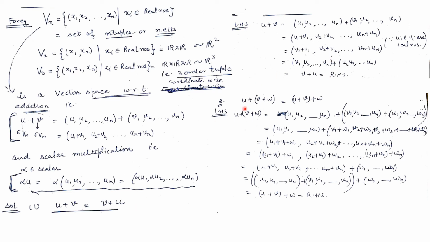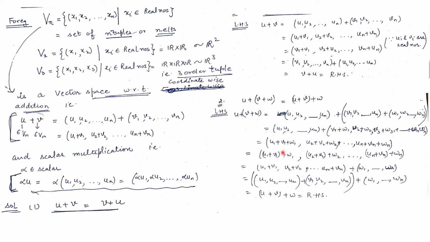Similarly, we can show the associative property, that u plus v plus w is u plus v plus w. Again, we consider the left hand side. We have to add first v plus w. We add the coordinates, and then we have to add u1, u2 and so on. Now all these are real numbers. In case of real numbers, first you add these two numbers and then you add this one, and the same thing.